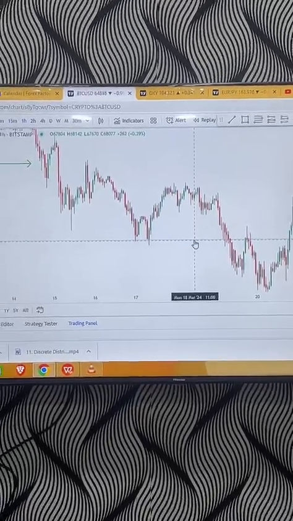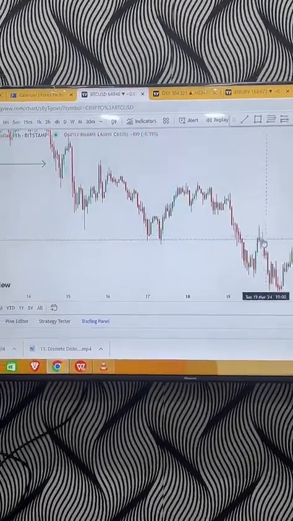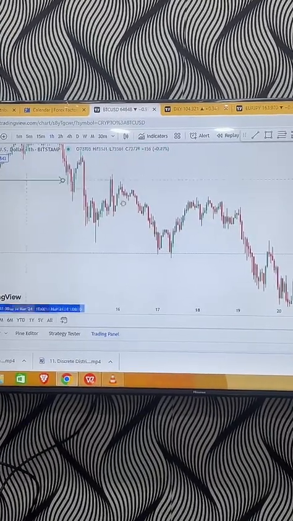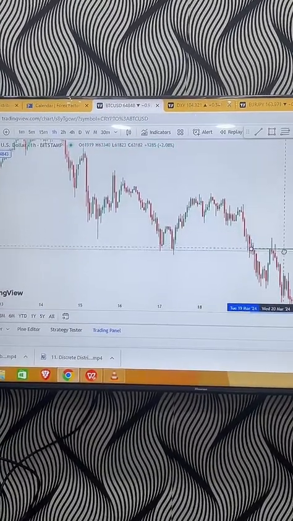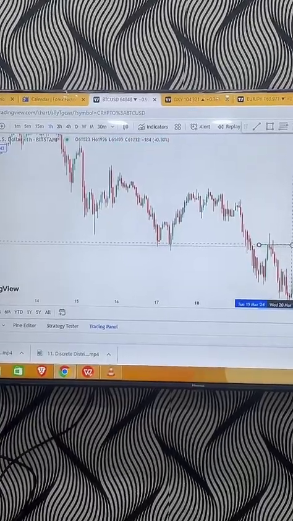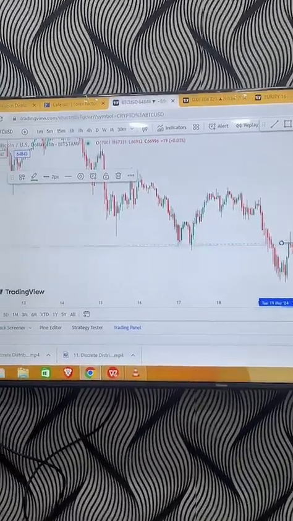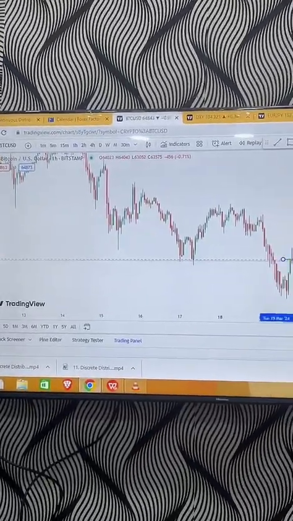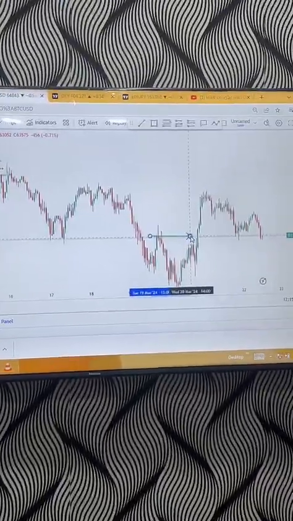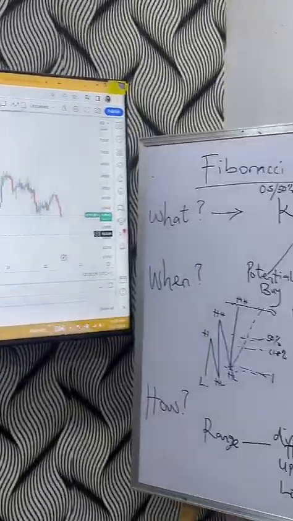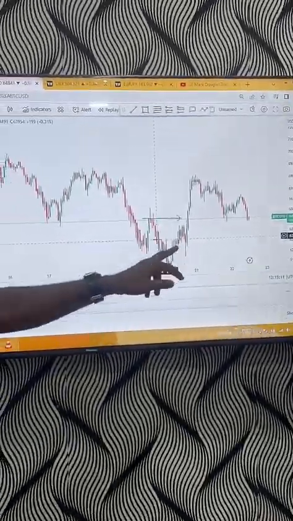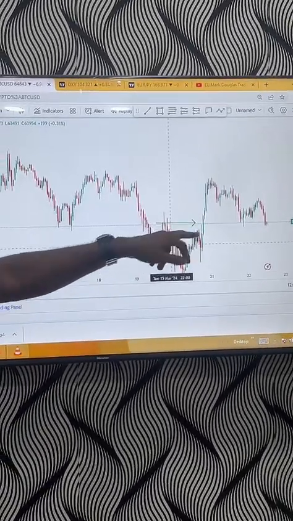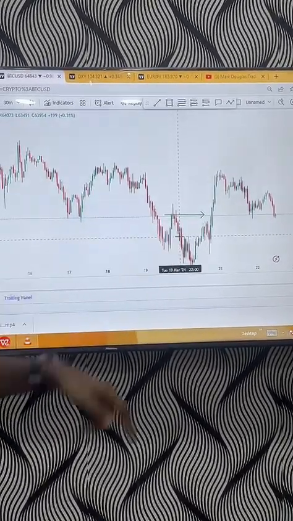Okay, so as we can see here, the market broke structure here. There's a break of market structure here. The market went higher than the last lower high.